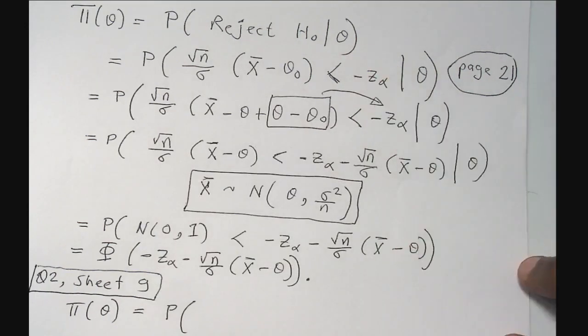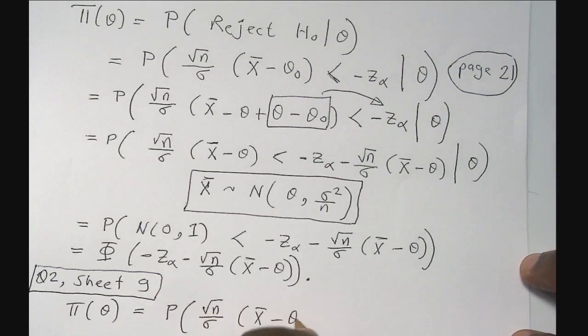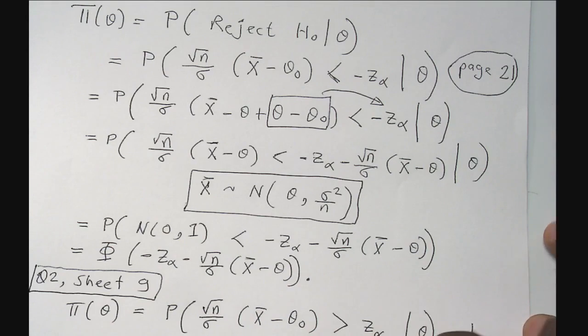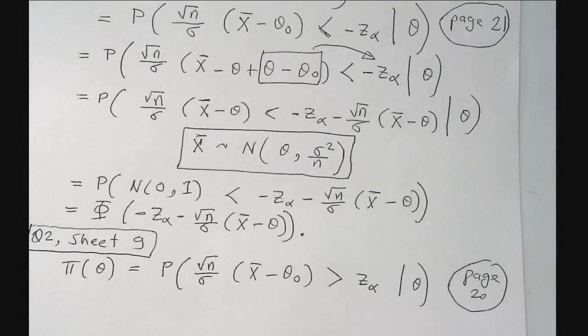The only difference is that you have a greater than sign, not less than. You will see this if you look at page 20 of the lecture notes, that this is the rule for rejecting the null hypothesis.